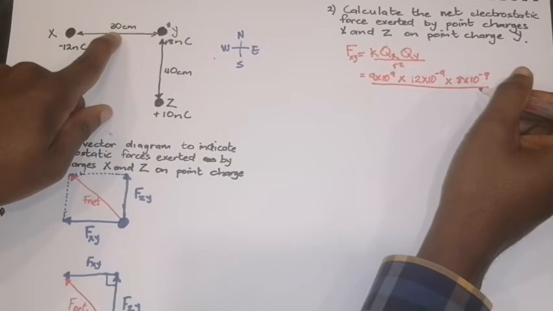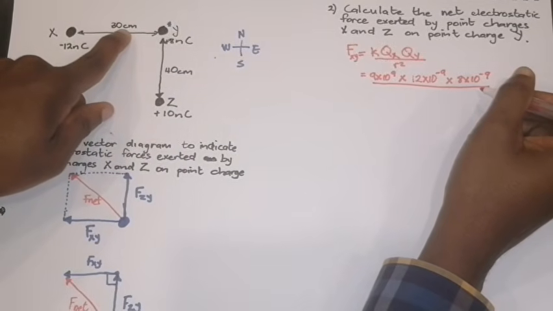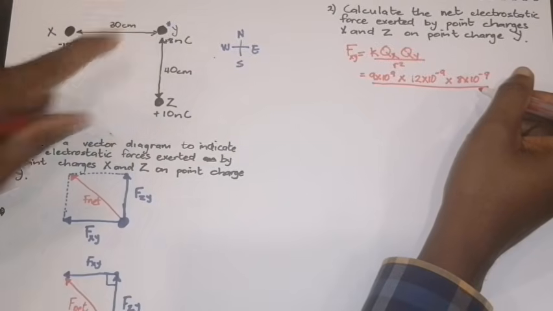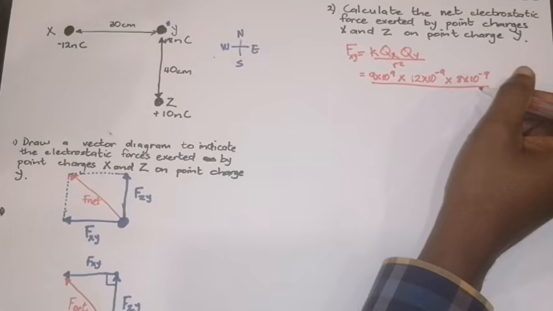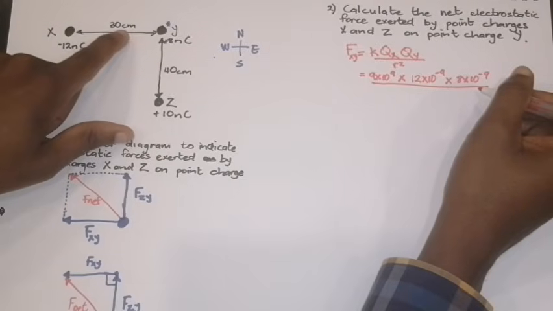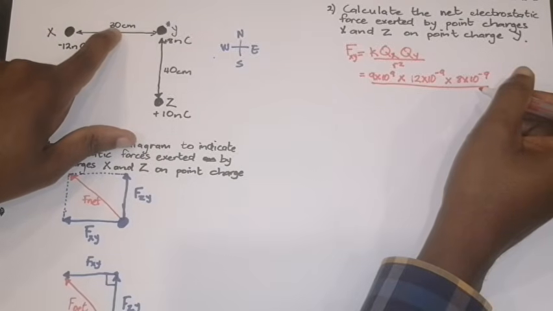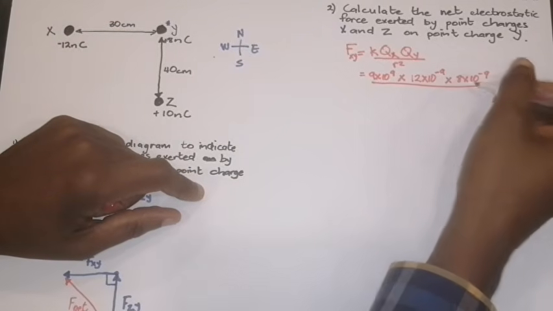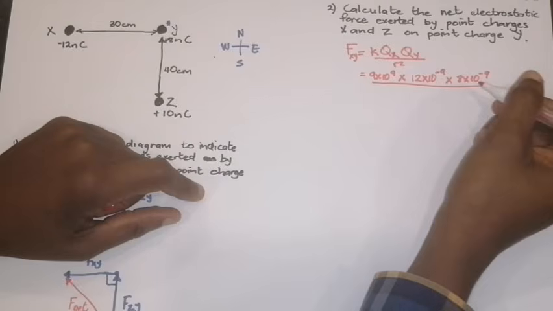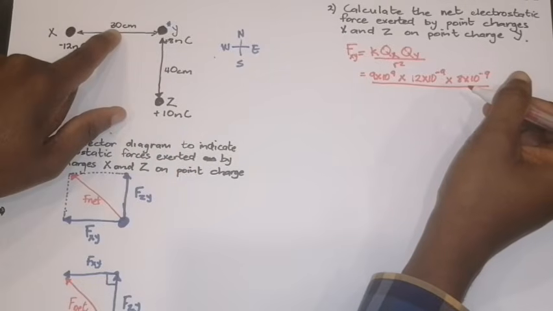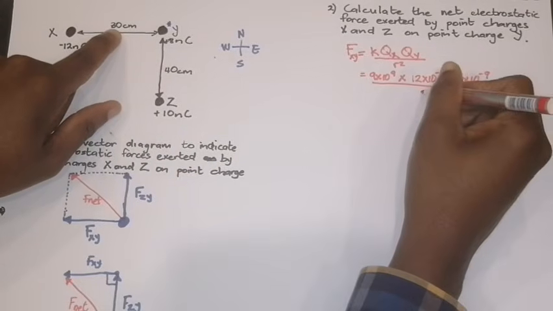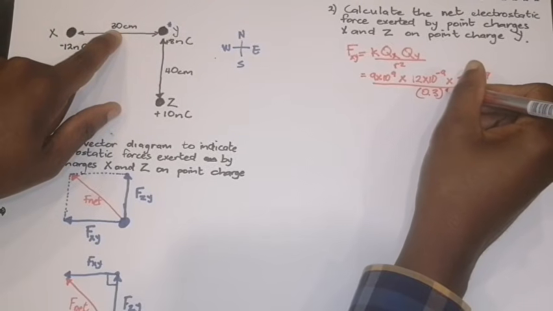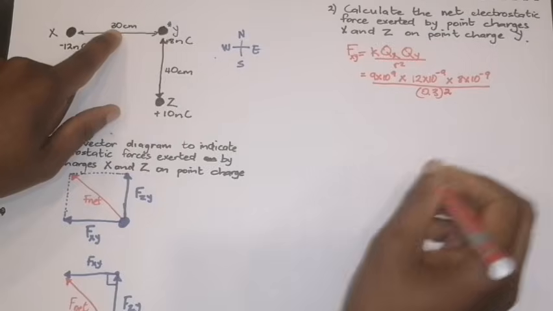That's 30 centimeters. Now, when you see something given in centi, like percent, it's always divided by 100, isn't it? So 30 centimeters, you divide that by 100, or you can simply say times 10 minus 2. So 30 divided by 100 gives you 0.3 meters, squared.